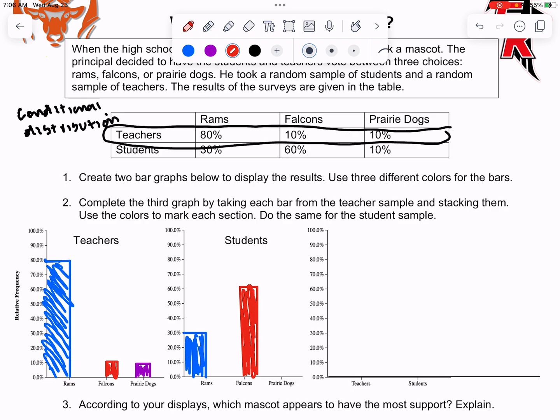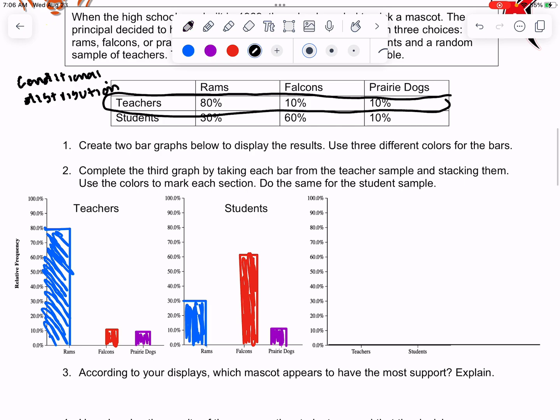And it was 10% Prairie Dogs. So we're kind of here. Prairie Dog seems like it would be a bad mascot name, my personal opinion. Okay, so these are side-by-side bar graphs. So these are just called bar graphs. You can call them side-by-side graphs or just bar graphs.